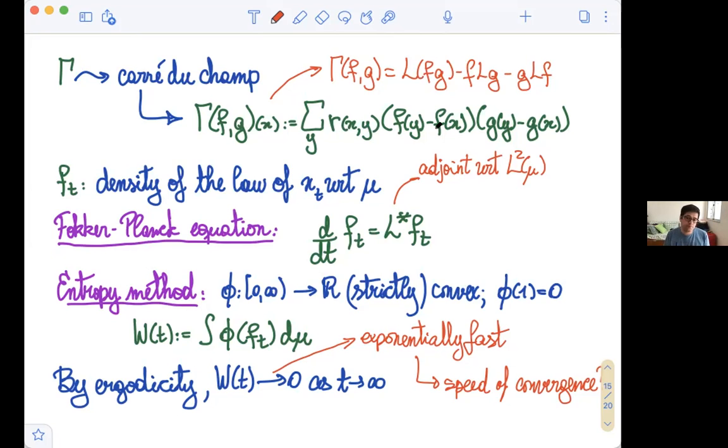And so this is the definition, and you can check this formula above. So you have this formula here, and this Carré du champ has an expression in terms of L.